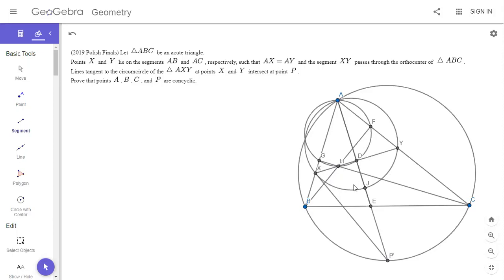So yeah, we know angle AXJ is 90 degrees. No, I think it's not enough to show that angle AXJ is 90 degrees. We still have to show more to show that J would be the incenter. No, that all by itself doesn't prove it. We still need one more step.